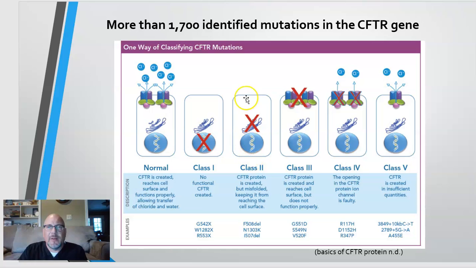Some are misfolded; they do not make it to the cell surface. Some don't function properly. Some, the channel is faulty; it doesn't let enough ions out, or there is such a small quantity of them made that it doesn't do the right job. So those are some of the different mutations that can happen.